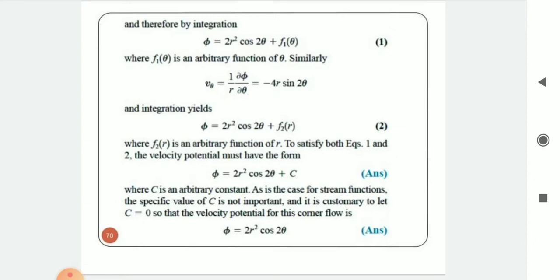As in the case of stream functions, the specific value of c is not important, and it is customary to let c = 0, so that the velocity potential for this corner flow is phi = 2r² cos 2θ.